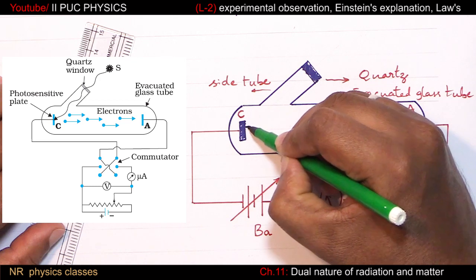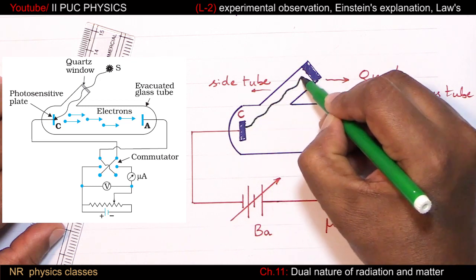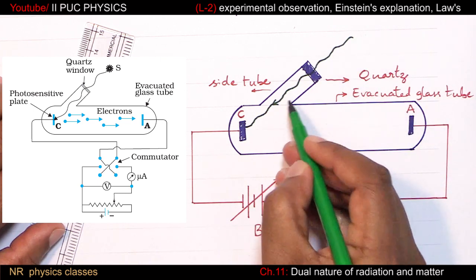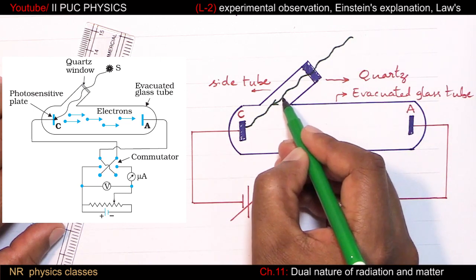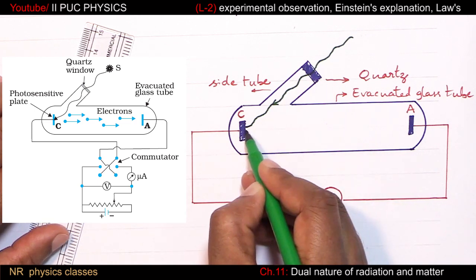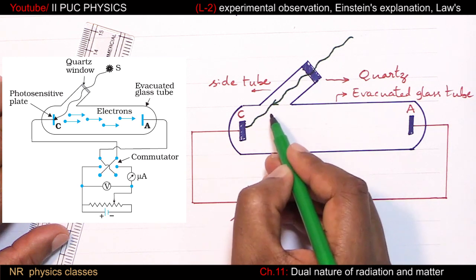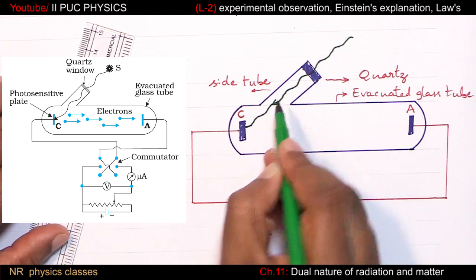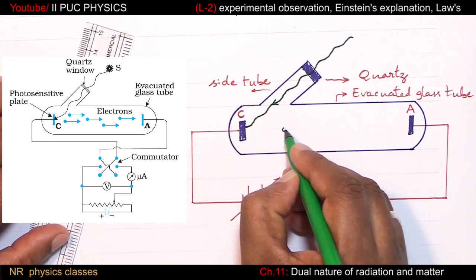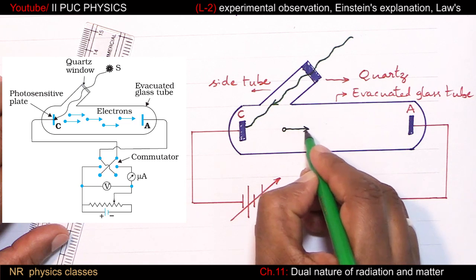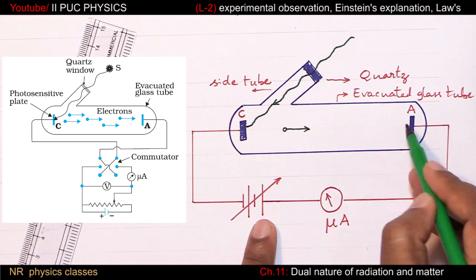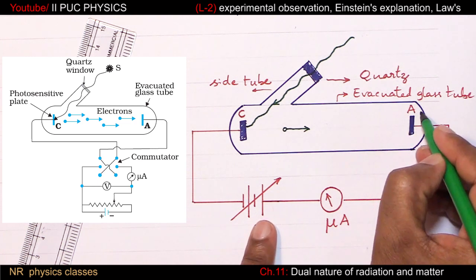If radiation of suitable frequency, so this represents radiation, radiation of suitable frequency or energy falls on the photocathode, and if the energy of incident radiation is sufficient to remove electrons, then the emitted electrons are attracted towards the anode, because observe, this positive is connected to the anode, meaning the anode is at positive potential.